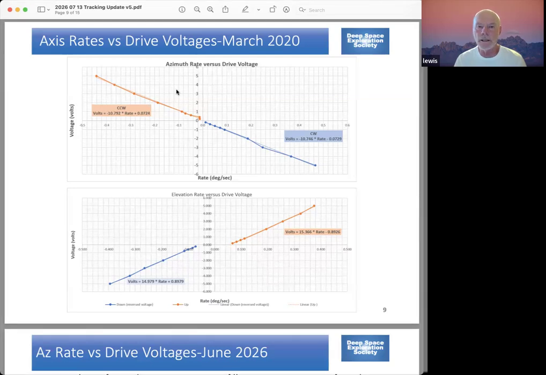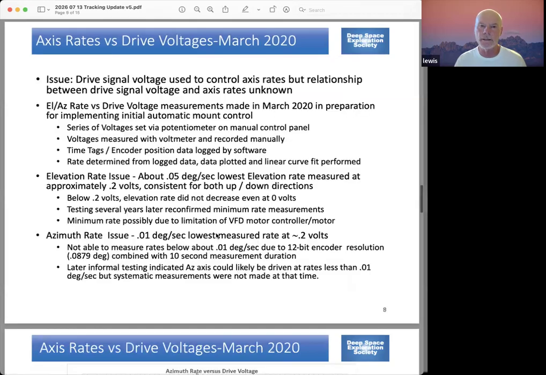What we found out on elevation, well, let's go back to the previous slide. I can talk to it. The elevation rate issue: we found that when we decreased the voltage down to around 0.2 volts, the axis was moving at about 0.05 degrees per second. But when we reduced the voltage below that, it stayed at 0.05 degrees per second, even when we set it to 0.